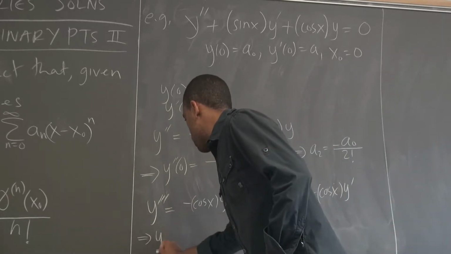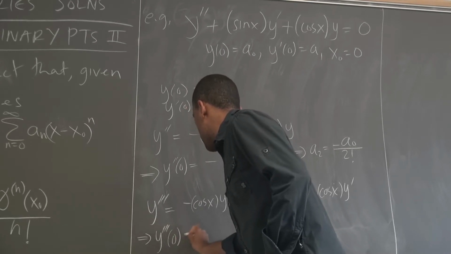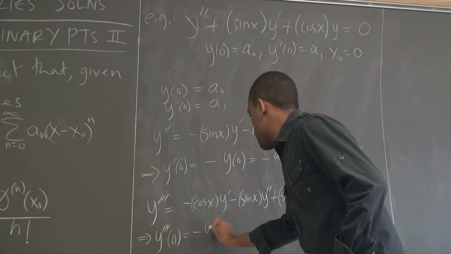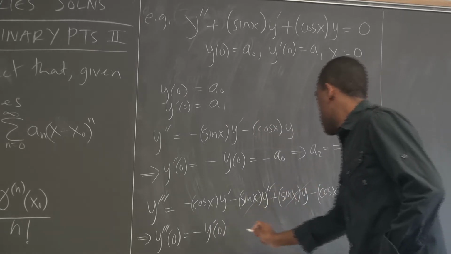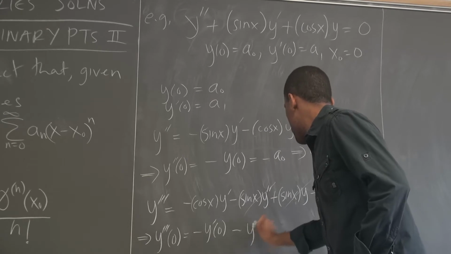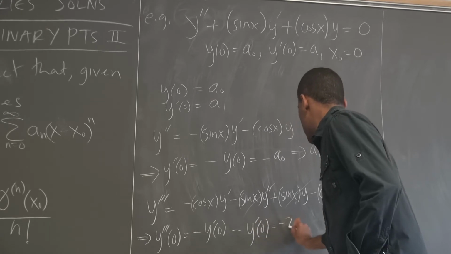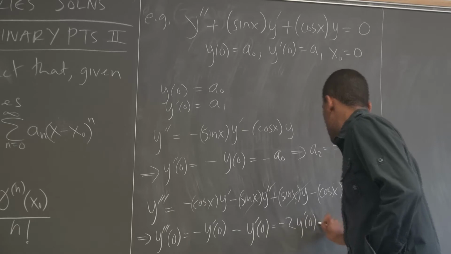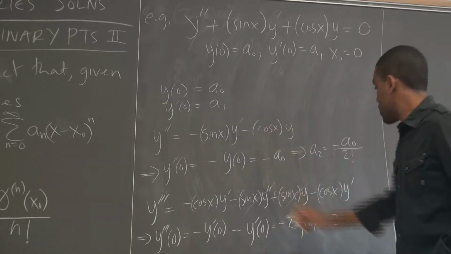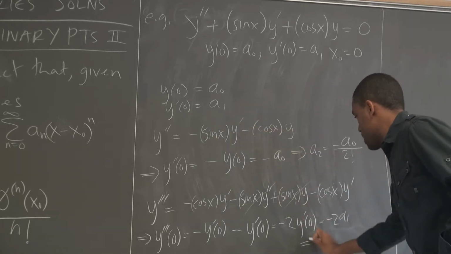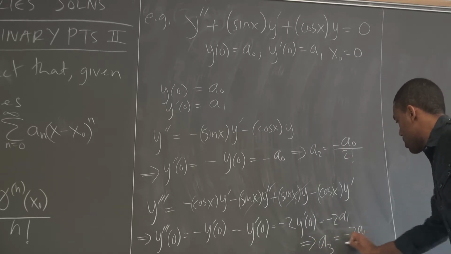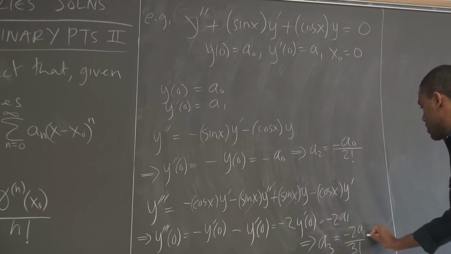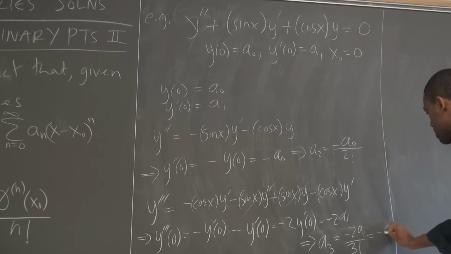If I take y triple prime of 0, this would give me minus y prime of 0. That would be 0, that would be 0. This gives me minus y prime of 0, which is minus 2 y prime of 0, and y prime of 0 is a1. Which means the third coefficient is given by minus 2a1 over 3 factorial. 3 factorial is 6, so this is just minus a1 over 3.